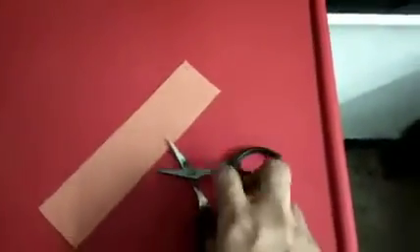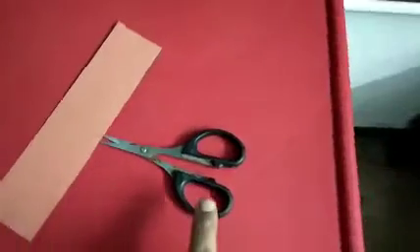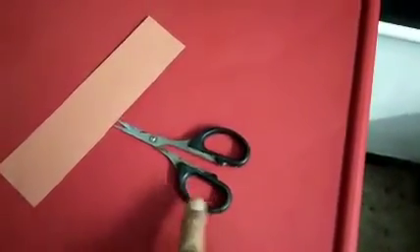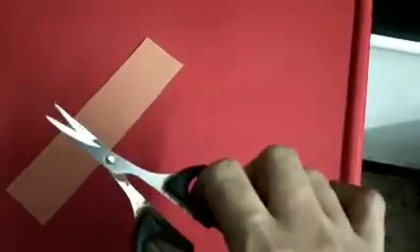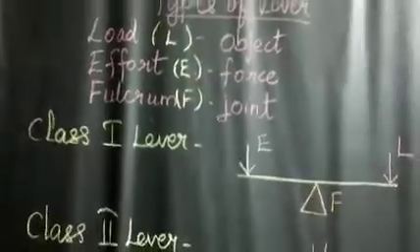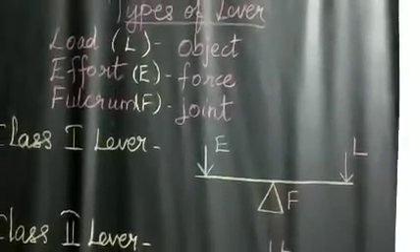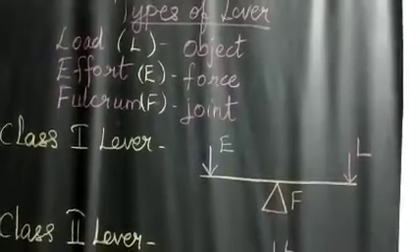When we have to cut the paper, that is the load where we keep here. So this part we keep the load, and this part is the effort, and the center part that is rotating is the fulcrum. Alright, so this scissor belongs to the class 1 lever. Fulcrum is in the middle, effort and load are either side of the fulcrum.